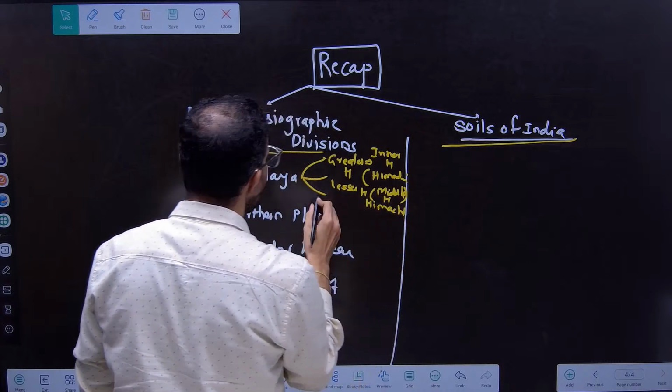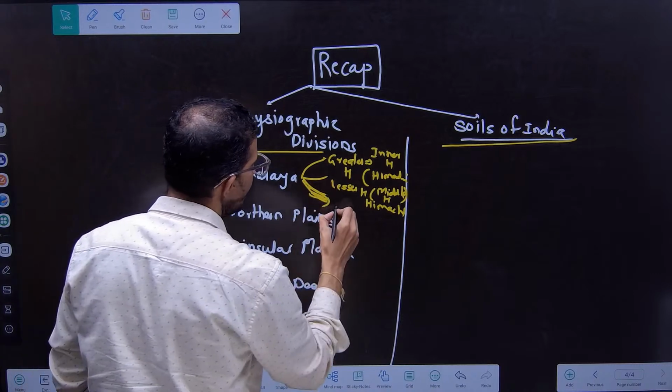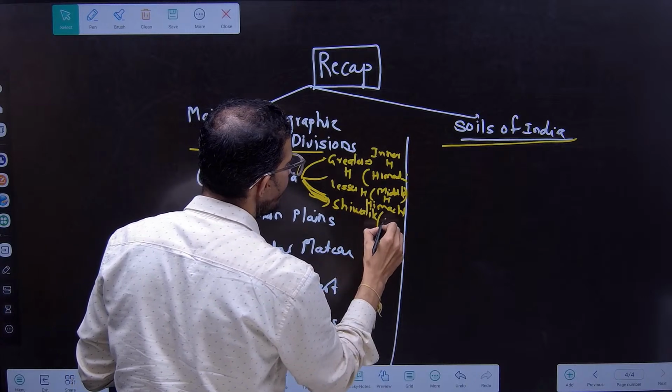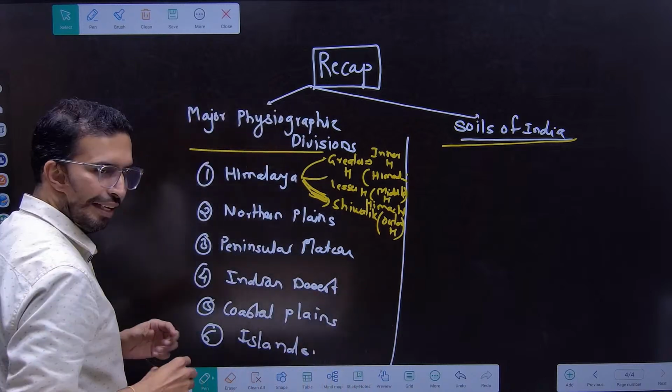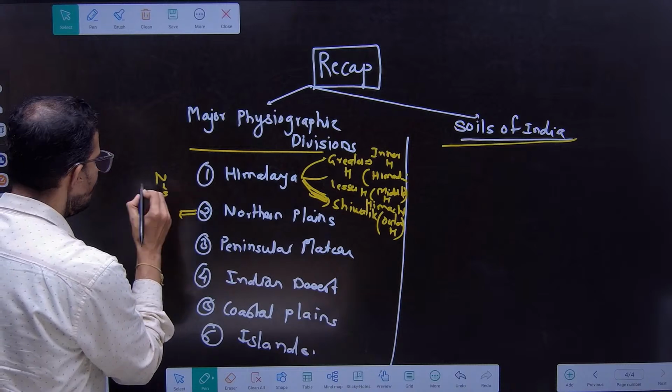Then the third one, which one? The Shivalik ranges and the outer Himalaya. Yes, is it clear?